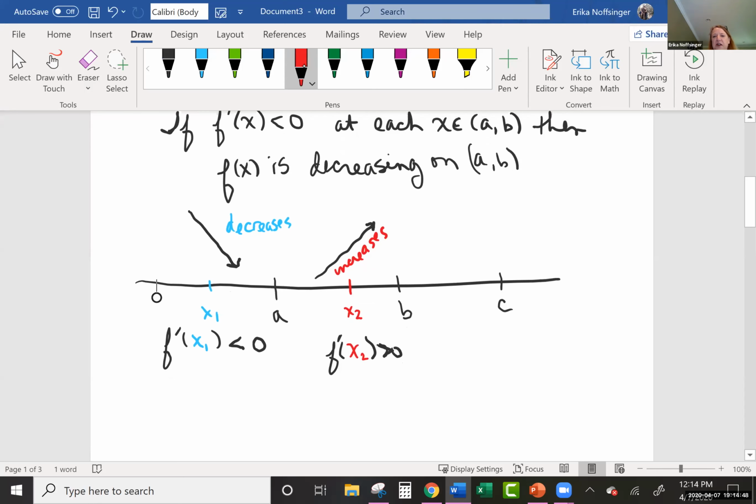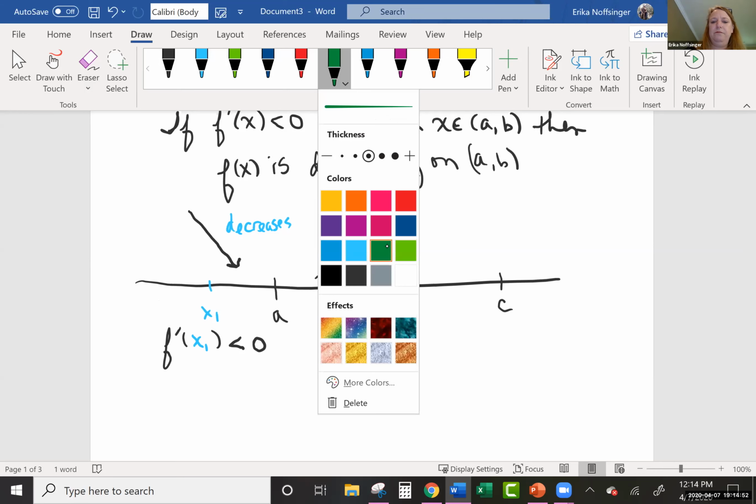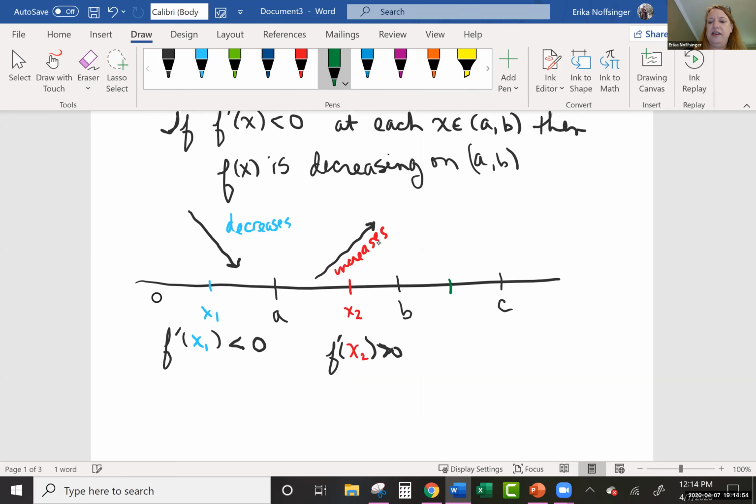Let's say we chose some number in between B and C, let's call it x sub 3, and we plugged x sub 3 into the first derivative and found that it was less than 0, then we would know that it's decreasing in here.